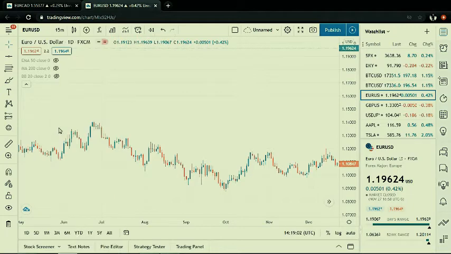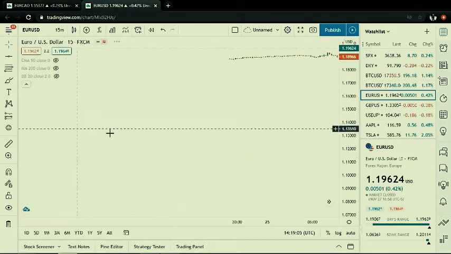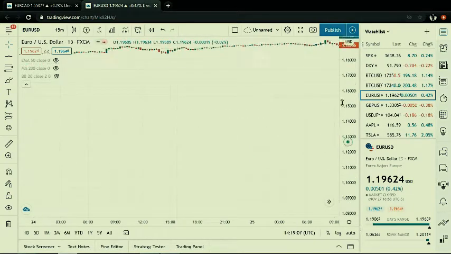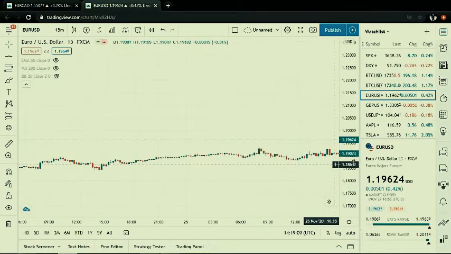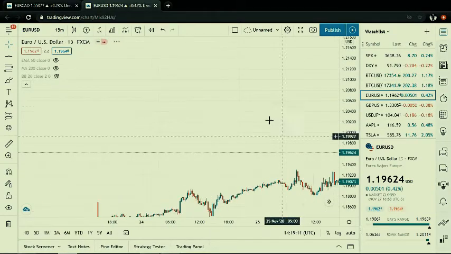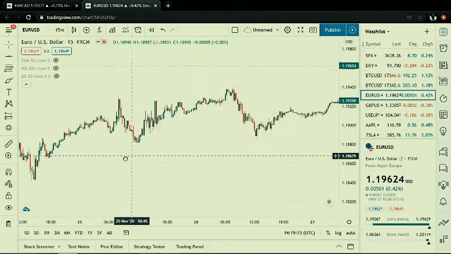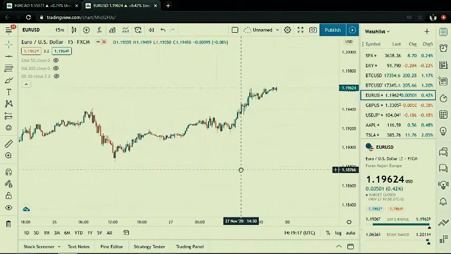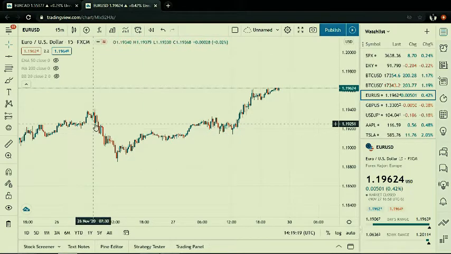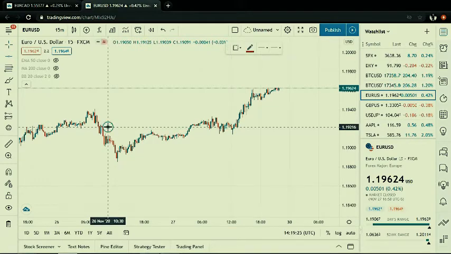If you come to 15 minutes now, you just try to reproduce the same thing on the 15 minutes time frame. So, for example, this was a leg that seemed like it broke through market structure. There was a market structure here.